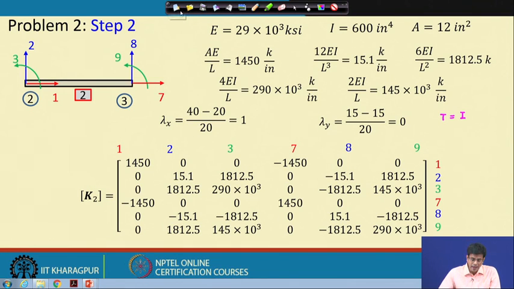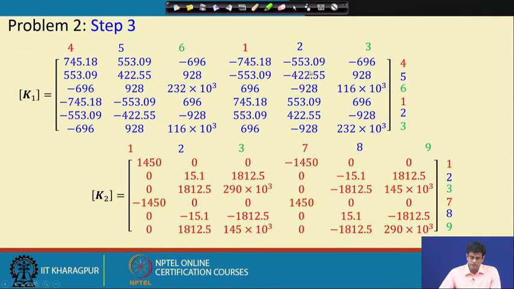So this actually gives you the final stiffness matrix for the two elements. Now, the next objective is to assemble this stiffness matrix. You see this stiffness matrix I have written on the same page so that you understand this. This is my stiffness matrix.